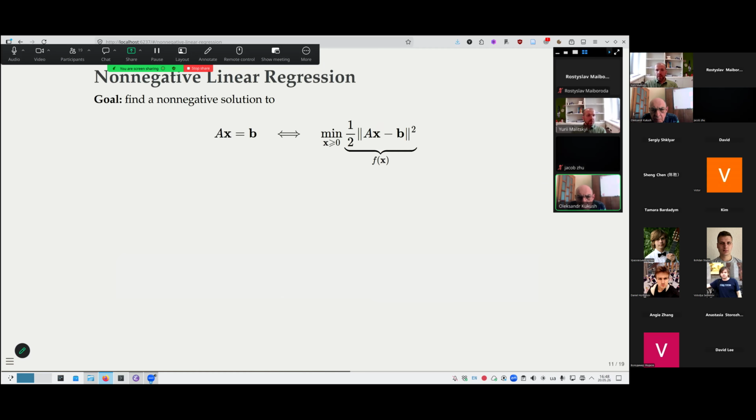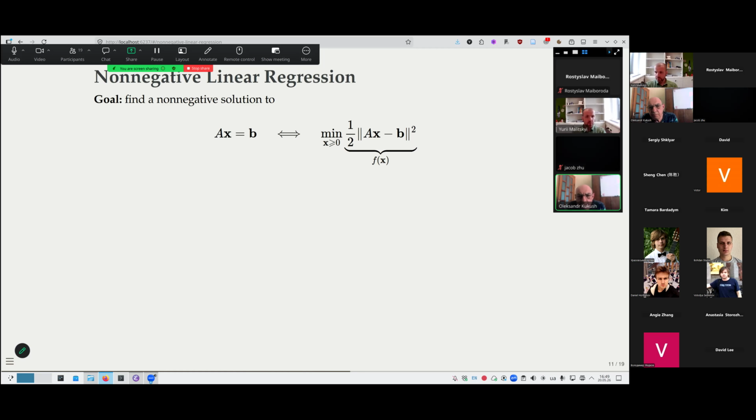Although I said that we can study a general linear system and work with the u and v variables, it's much easier for us to work with a non-negative linear system and just work with the variable u, because everything I'm going to tell you we can easily generalize to u and v variables.